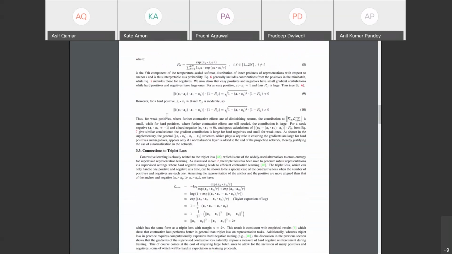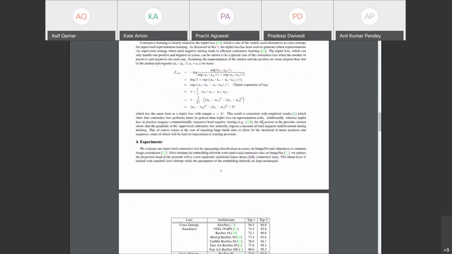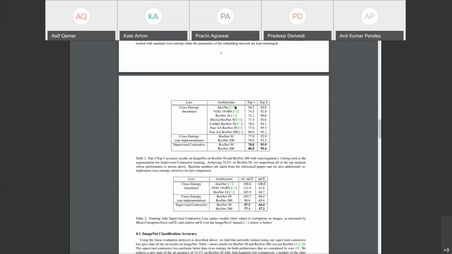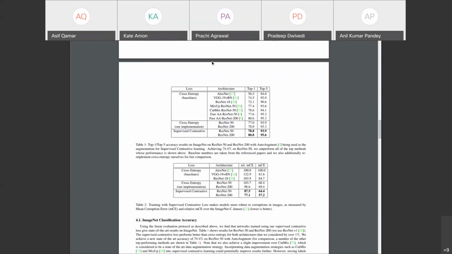Then this may remind you a little bit of, for example, softmax, somewhat like that. But then you start looking at it and you ask, what is the advantage? How much better does it do?